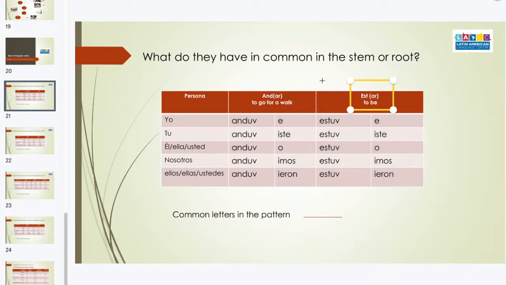They are different verbs. Estar is more like any kind of state. Estar muerto is also a state, meaning to be dead. Any kind of state, and location, for now focus on that. What they have in common here is the UV.